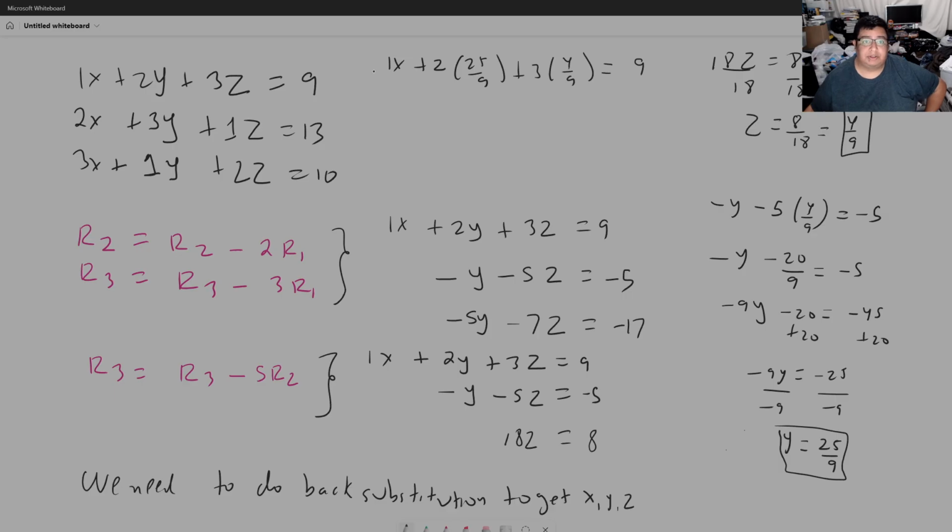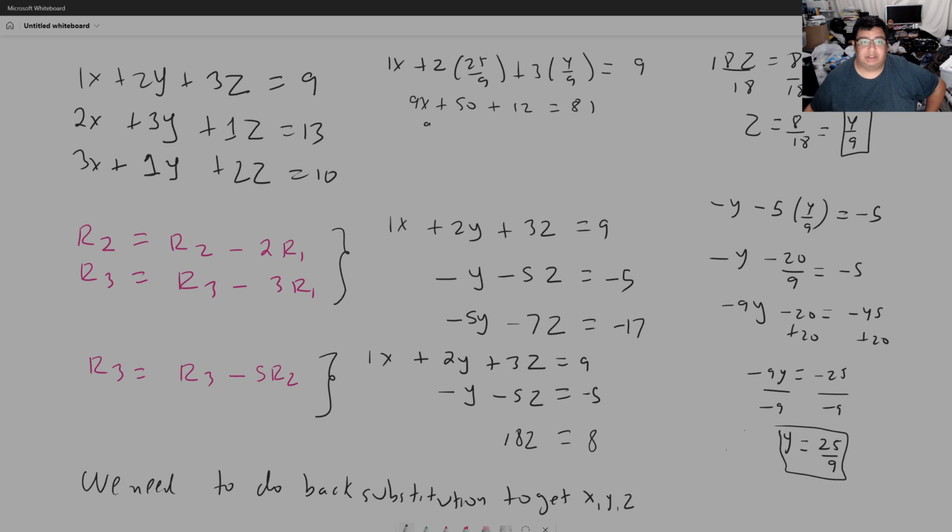We can multiply everything by 9, so we get 9x plus 50 plus 12 equals 9 times 9, which is 81.